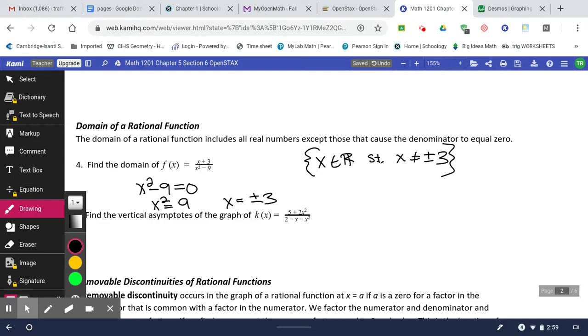But there's a little bit of a hitch, and we should come back to number 4, because there's a hitch in there when we talk about vertical asymptotes, and maybe you see it. But a vertical asymptote happens in the spots where your denominator is 0, right? So here, our denominator, 2 minus x squared, that factors into 2 and 1.